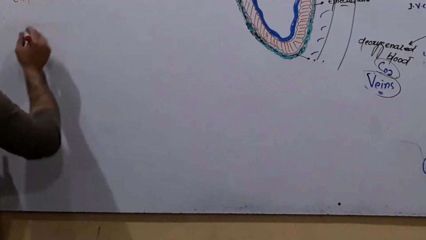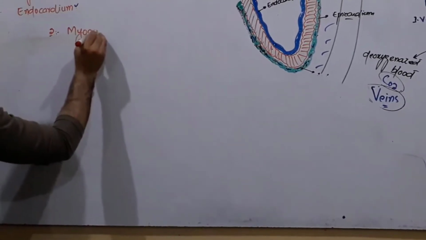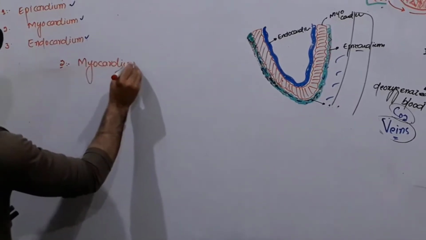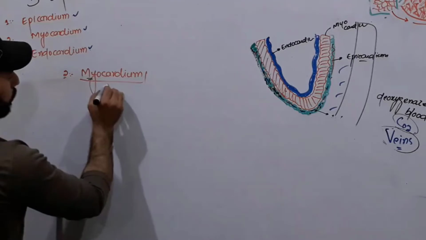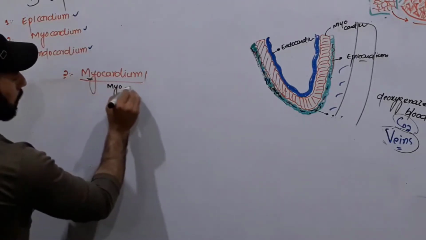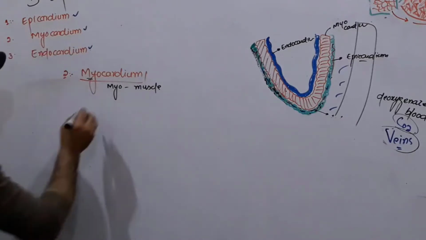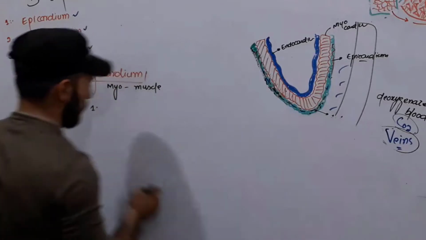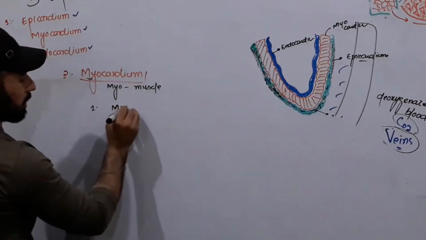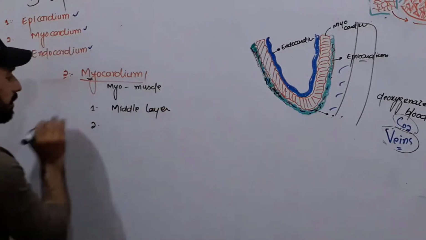Okay. Second layer: myocardium. Here, friends, myo means muscles. About the myocardium, it is the middle layer.